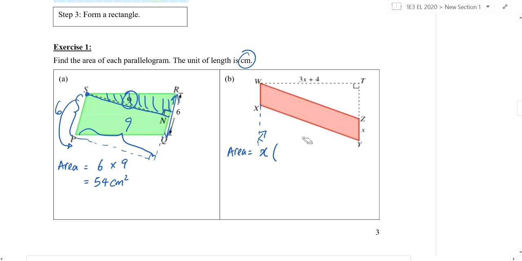Alternatively, we can start from this point, draw a perpendicular line down, which means we have to extend YZ. In any case, we can also use W, drop a perpendicular line down to point T, because this is already given in the diagram. So the corresponding perpendicular height, where ZY is the base, will be 3x plus 4. Expand them out, we get 3x squared plus 4x. So the units over here, same, square centimeters.